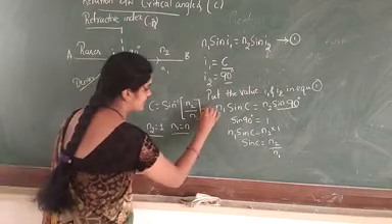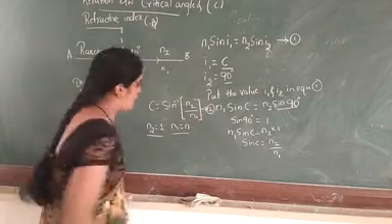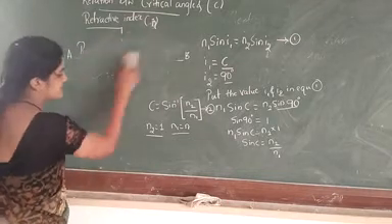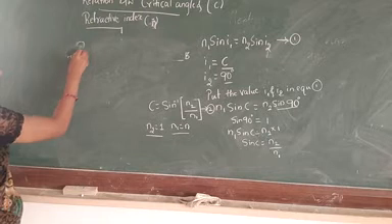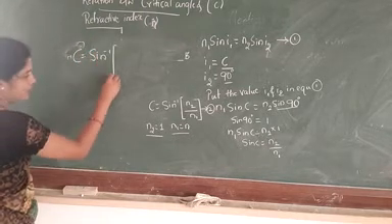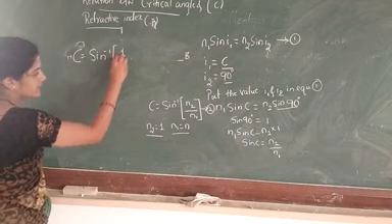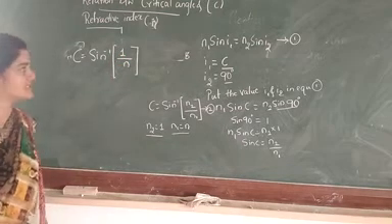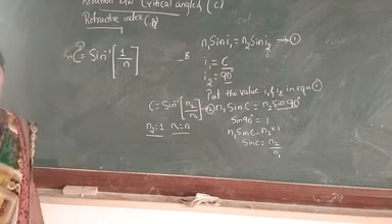Let us consider this equation as equation 2. Putting N2 and N1 in equation 2, C is equal to sin inverse N2 by N1, which means C is equal to sin inverse of 1 upon n.